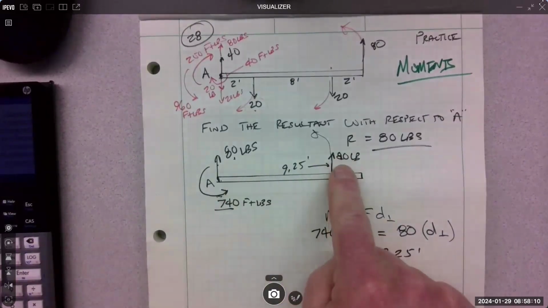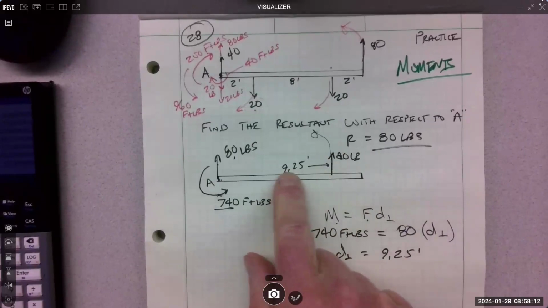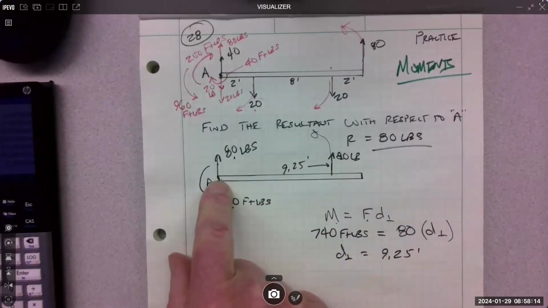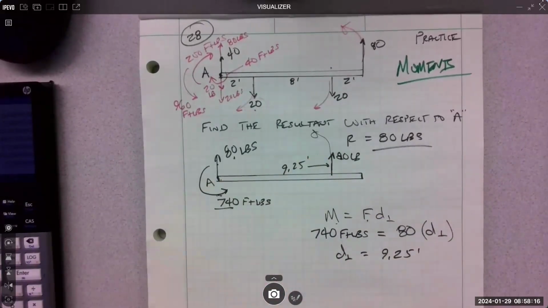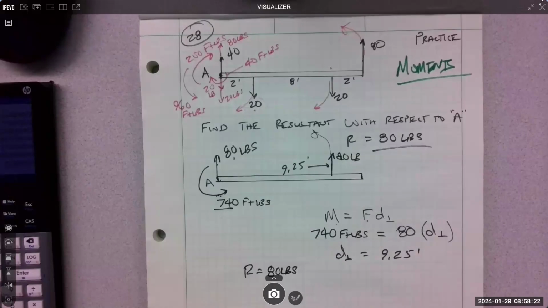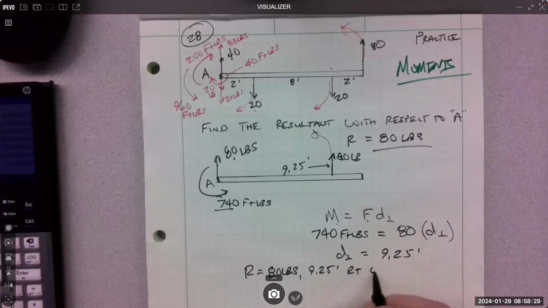And its magnitude. The resultant is 80 pounds and it's 9.25 feet from point A. So R equals 80 pounds, 9.25 feet right of A.